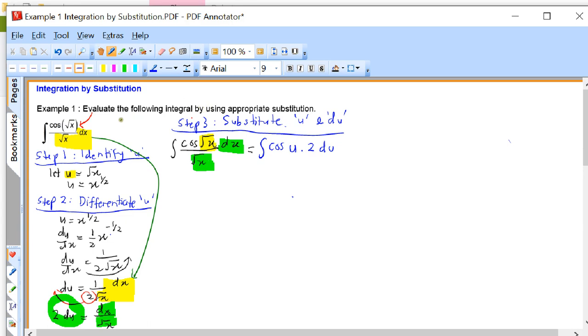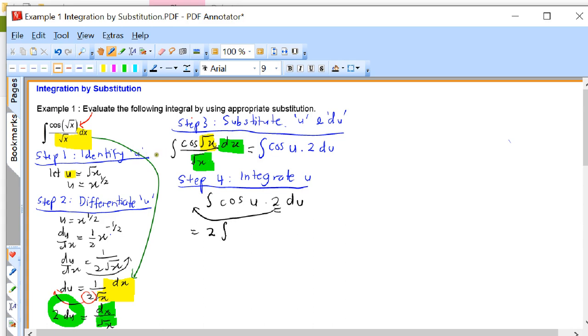Then we have step number 4, which is you need to integrate the u. Looking back at step number 3, we have integrate cos u times 2 du. 2 is a constant, so we bring it outside the function. So we have 2 integrate cos u du.